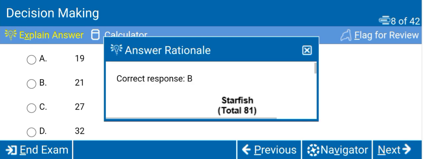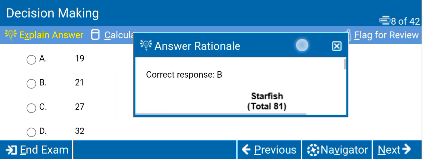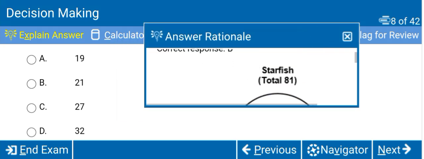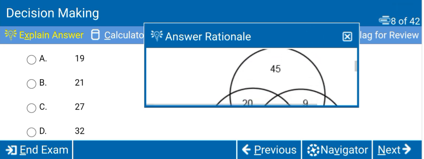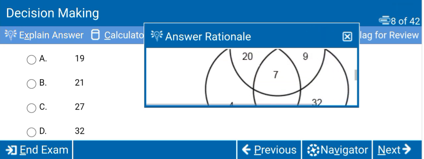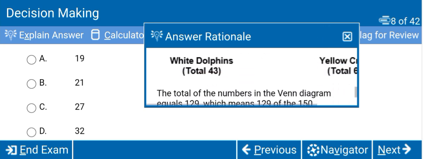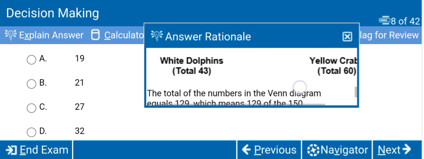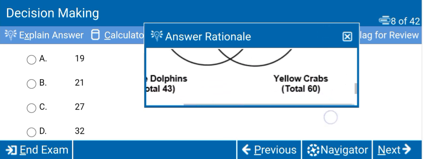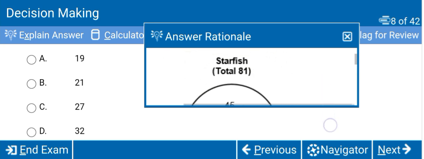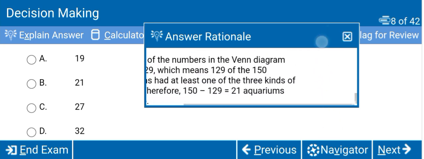So here we have the correct response is option B. So you can also see it from the diagram. White dolphins total 43, yellow crabs total 60, and starfish total 81.